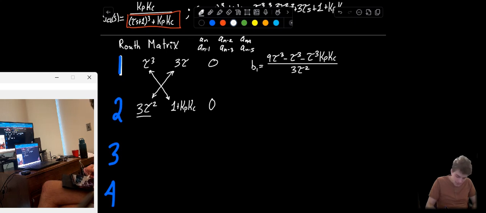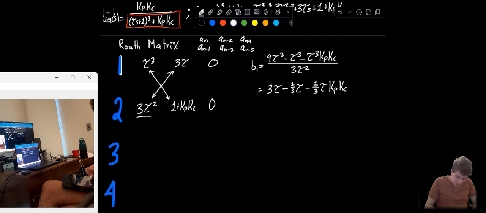Combining and simplifying this a little bit, we're going to end up with 3 tau minus 1/3 tau kp kc.